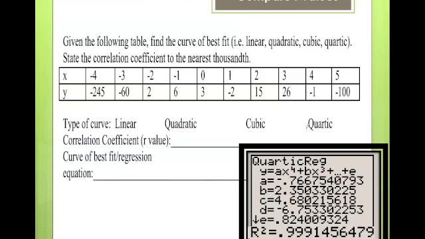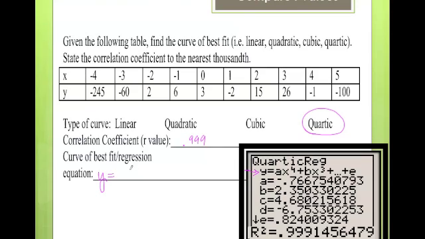Okay, so the type of curve is quartic. My correlation, or r value, I'm going to have to take the square root of 0.999. And the correlation value, the r value, is still very close to 1. So for my curve of best fit, I'm going to be following this equation right here and plugging my values in.